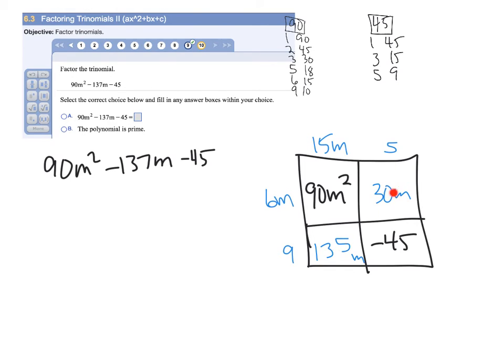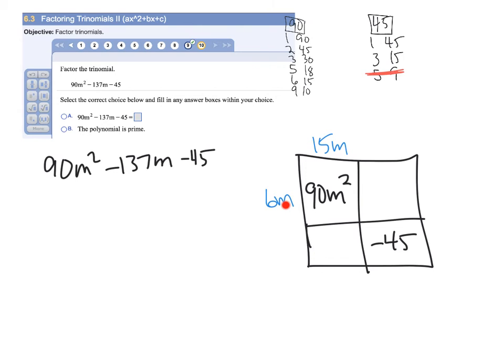So there's no way that these numbers are going to give me 137m in any way. So that doesn't work. I'm really feeling like the 5 and the 9 are wrong, that no matter how we cut it, they're just not going to work. So I'm going to stick with that 6 and the 15.